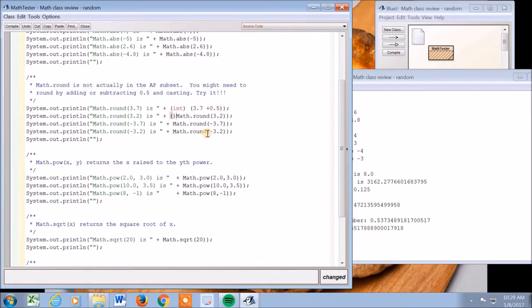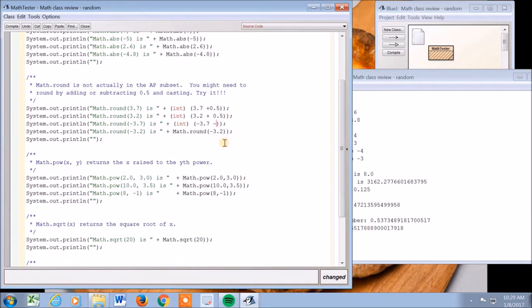So I can do that again underneath. Oops, I'm missing my parentheses there. So I can round this by adding 0.5 and then casting. If the number is negative, however, you can't add 0.5, because that would take me more towards the positive, if that makes sense.